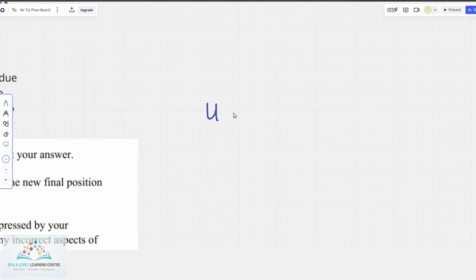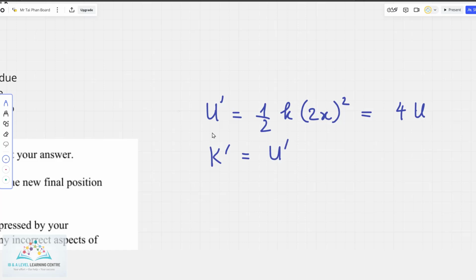The potential energy U is 1/2 K times (2x) squared, which is 4 times the original, so 4 times U is the new U. The new kinetic energy K is therefore equal to the new maximum potential energy, which is 4U. The new maximum kinetic energy is equal to the work done by friction multiplied by the new distance.